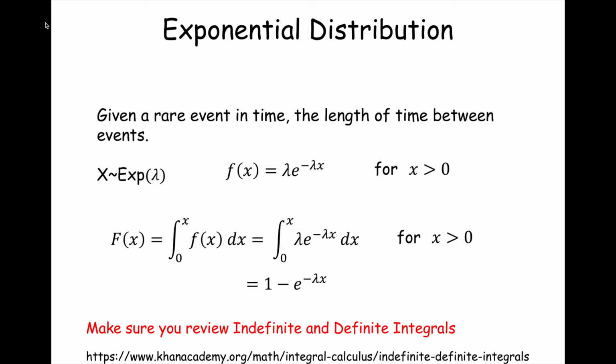So what I'm left with, and let me write that up here, is minus e to the minus lambda x plus 1, or I could rewrite that as 1 minus e to the minus lambda x. And there's my result.